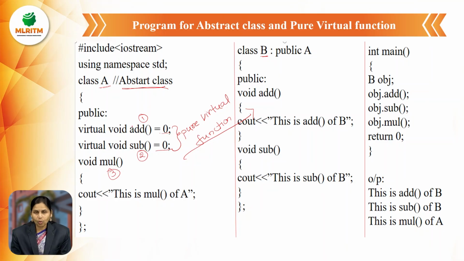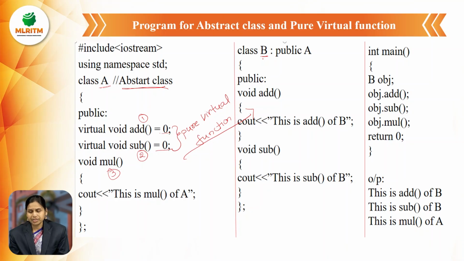Here we are using only the declaration, virtual functions equal to 0, and we are not implementing them here. For implementation of these virtual functions, we have to use the child class. Next, multiplication is not a virtual function. It is a normal function, so it contains a function definition.